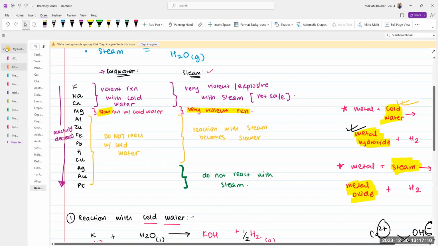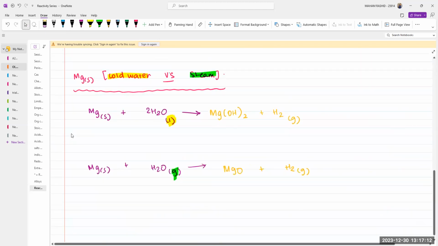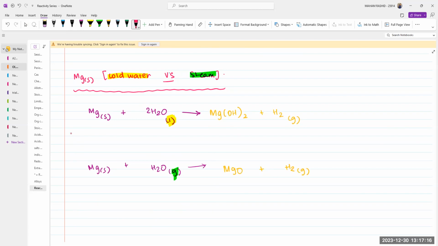So our observations will also correspond to our reactivity series. So this will be a very slow reaction. Now, since hydrogen is getting formed, we will write bubbles of colorless gas.